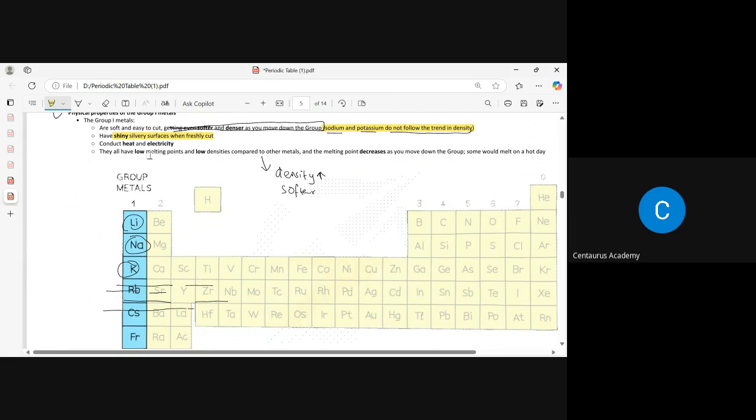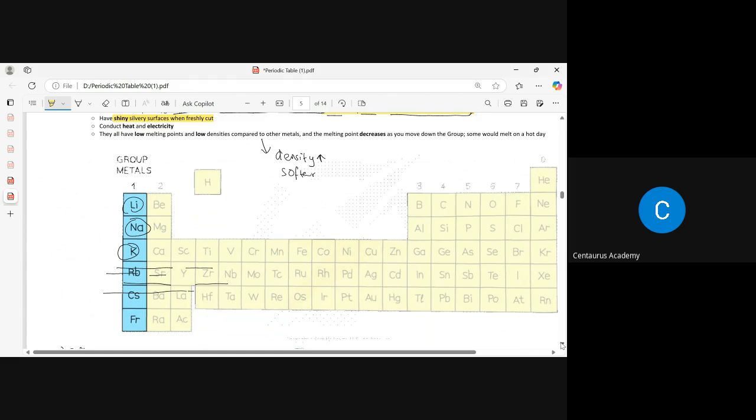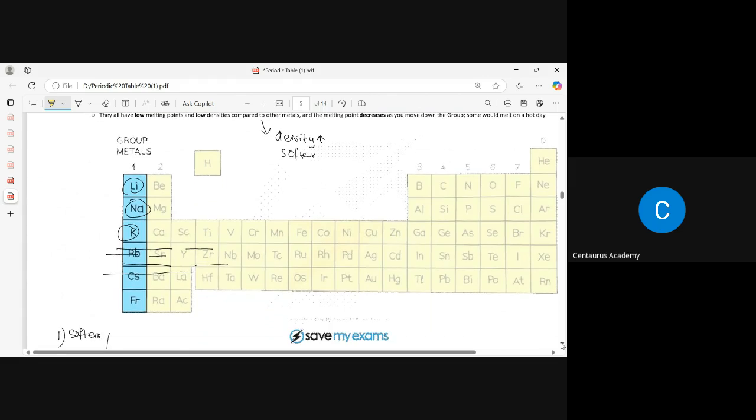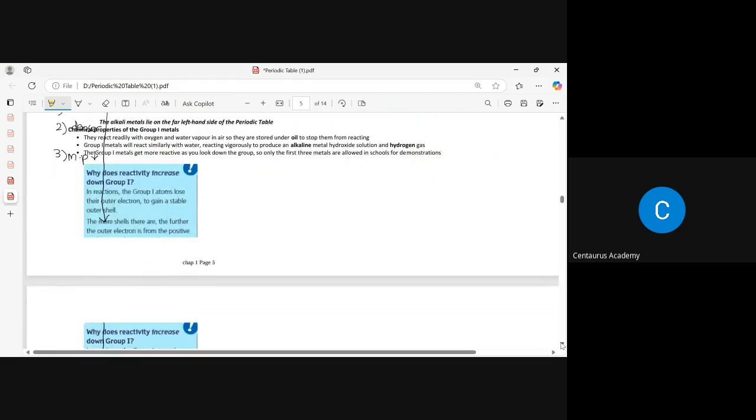So that shiny silvery surface is going to become dull with the passage of time. They all have low melting points and low densities as compared to any other metals, especially the transition metals. The transition metals have higher melting points, and also very high densities. These comparisons are asked.